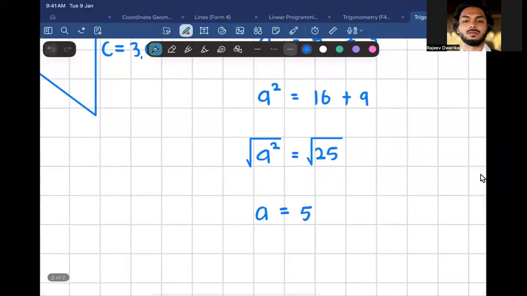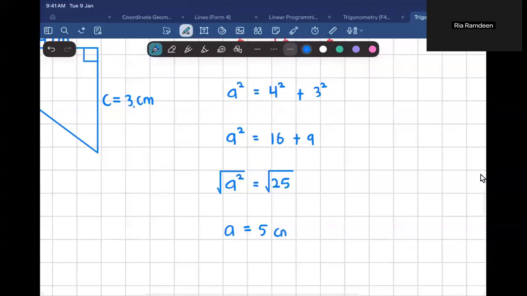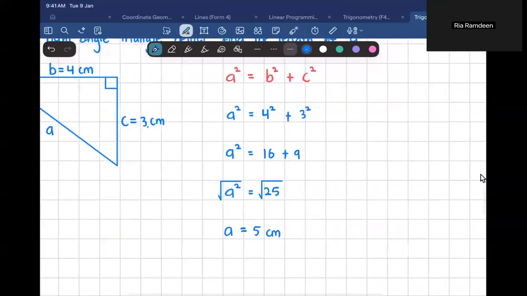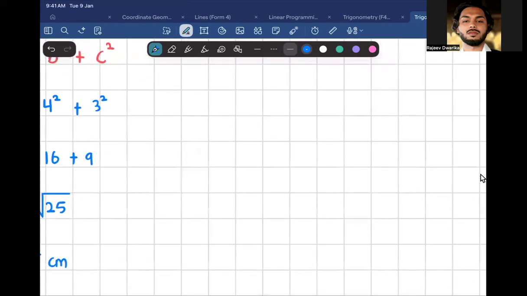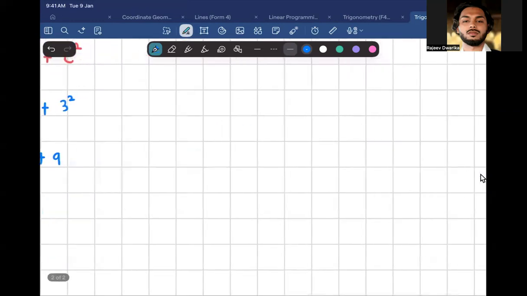Ria, it makes sense now? Yeah, it makes sense. And Mira, you said you were confused, right? Let me try to explain. When you're squaring something, you multiply a number by itself. Let me take 25 for example.